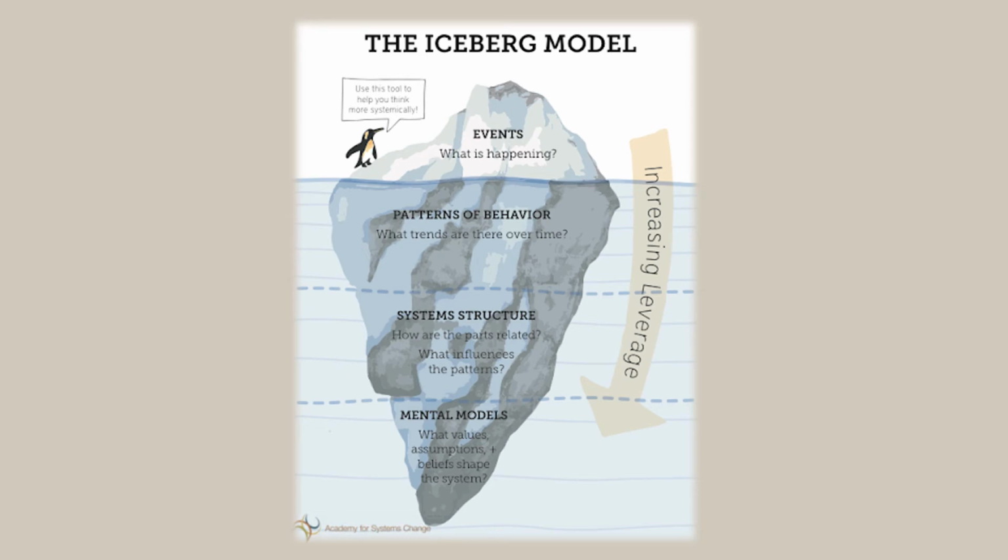Then we take it a step further, and this is where we really want to get to as a systems thinker, is these mental models. And these mental models, in brief, are assumptions. They're deeply held attitudes or beliefs that people hold inside of them as to way things should be.